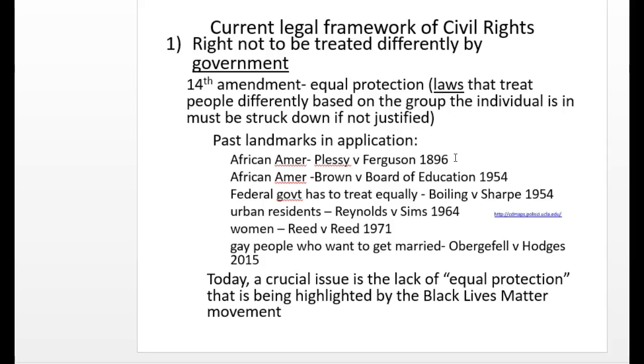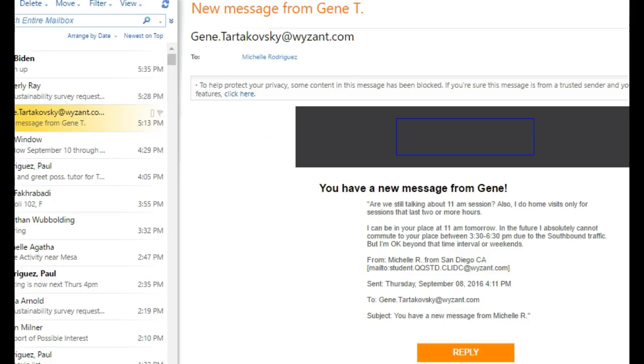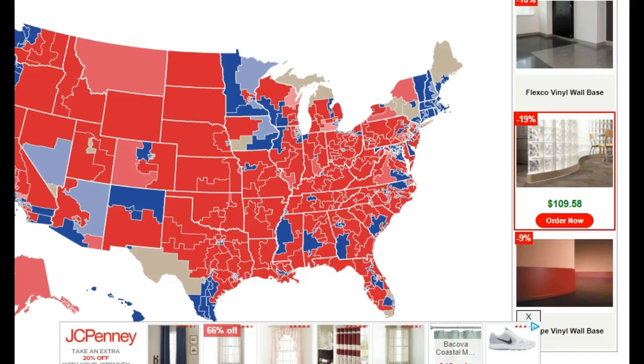Now, another 10 years later, we get to another case about urban residents. And this issue has to do with the way that maps are drawn, congressional election maps. And let me just kind of illustrate for you here.